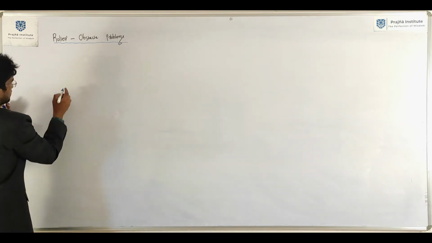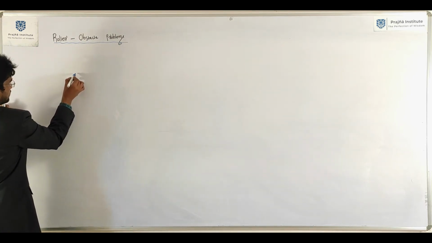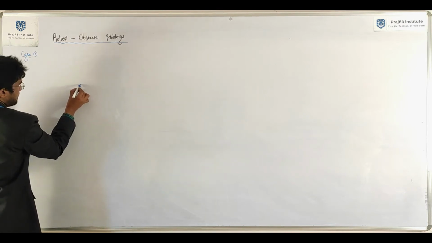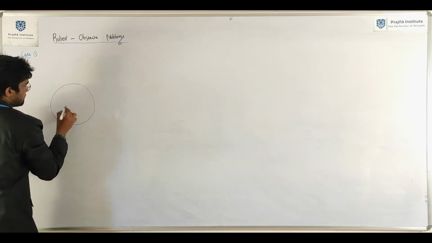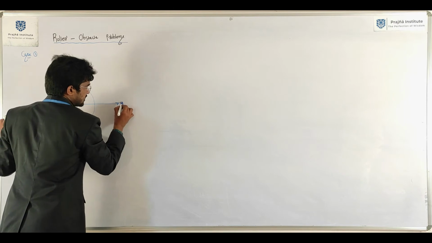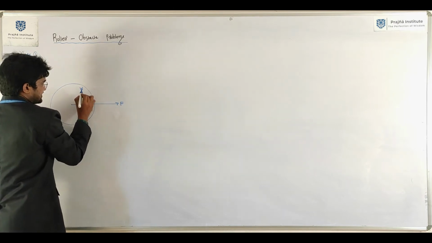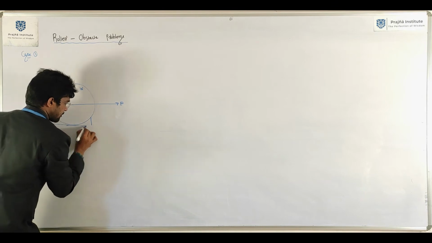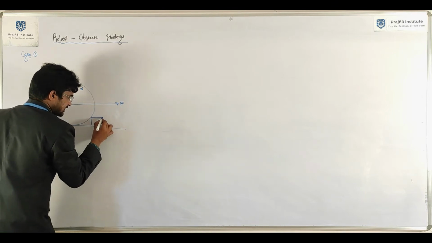Here, case 1. First write down the case 1. A horizontal force F is acting. It is W. It is an obstacle.